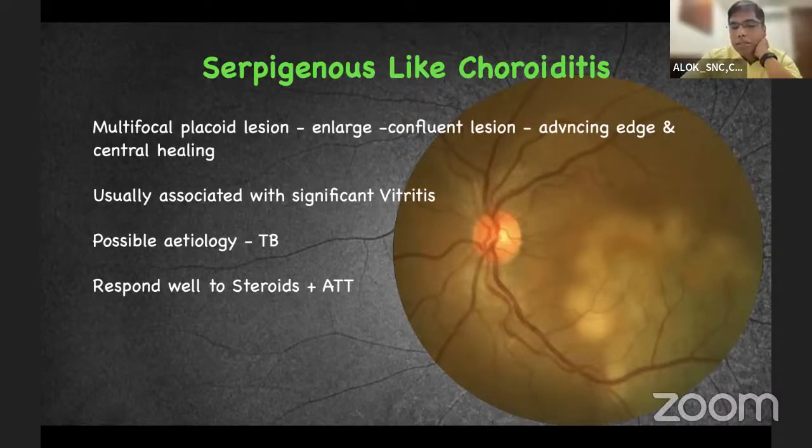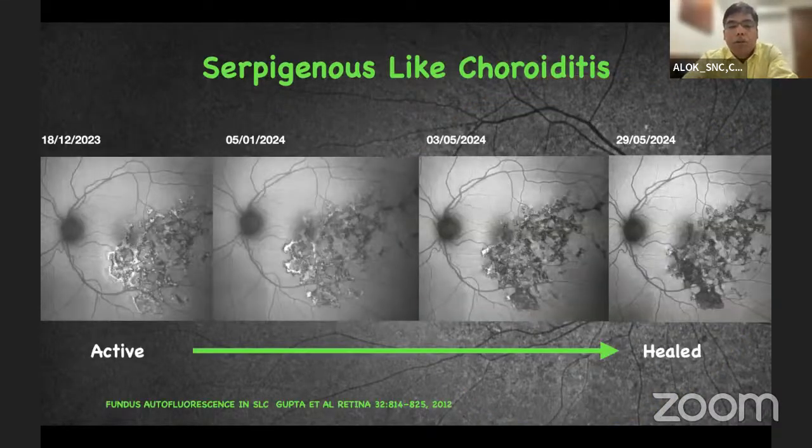Now, usually this is associated with significant vitritis, and the possible etiology in a TB endemic country like India is ocular tuberculosis. Now, on fundus autofluorescence, you can actually monitor the disease activity very well in these cases.